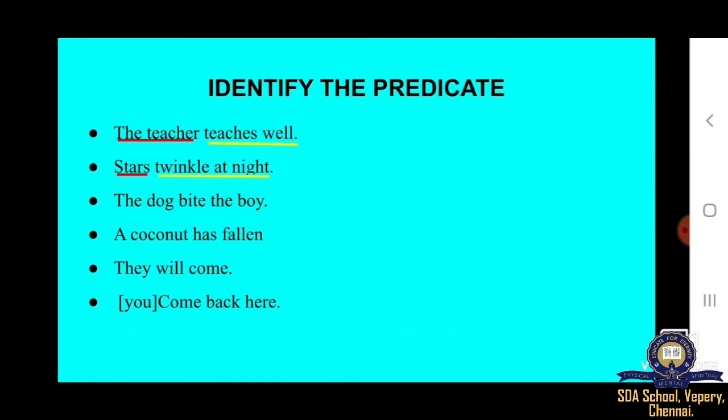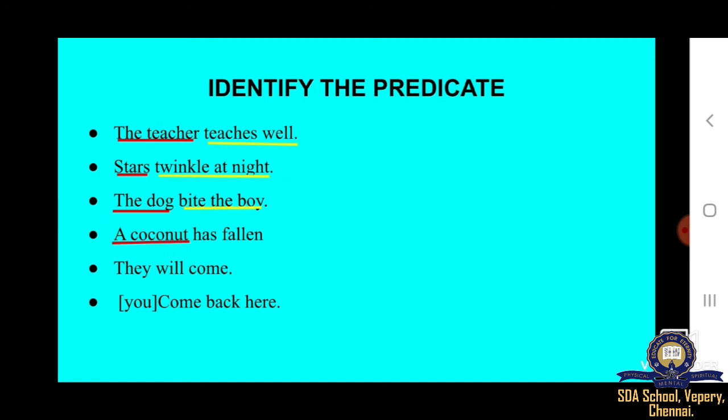And next sentence, the dog bite the boy. Here what is the subject? The dog is the subject and the remaining part is called predicate. Bite the boy is predicate. And next sentence, a coconut has fallen. Here what is the subject?